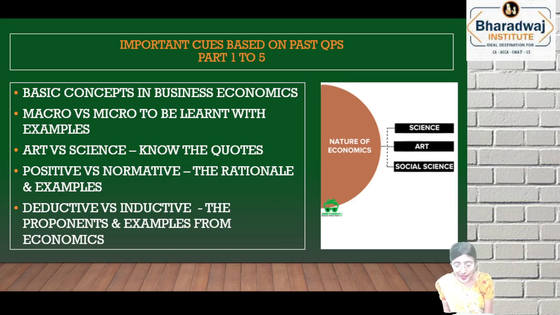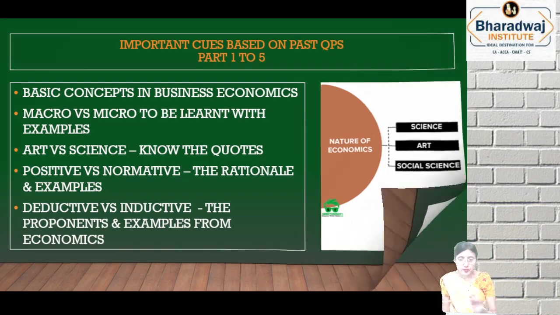And in deductive versus inductive, please understand who gave deductive logic, who gave inductive logic, and examples from economics, because deductive and inductive are general methods of reasoning. You should know them from the economics context. That's why I specifically put it down. Do you understand in all these 4 chapters how we are going to revise now?